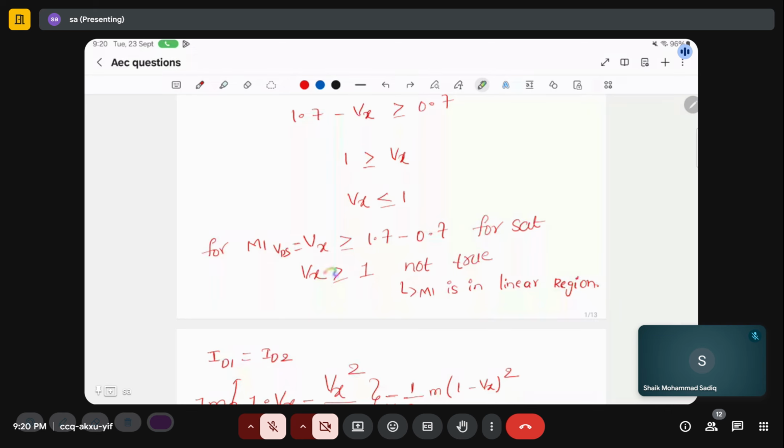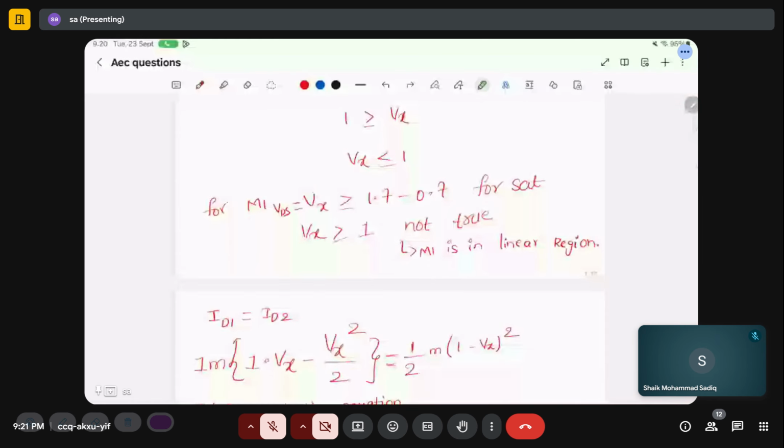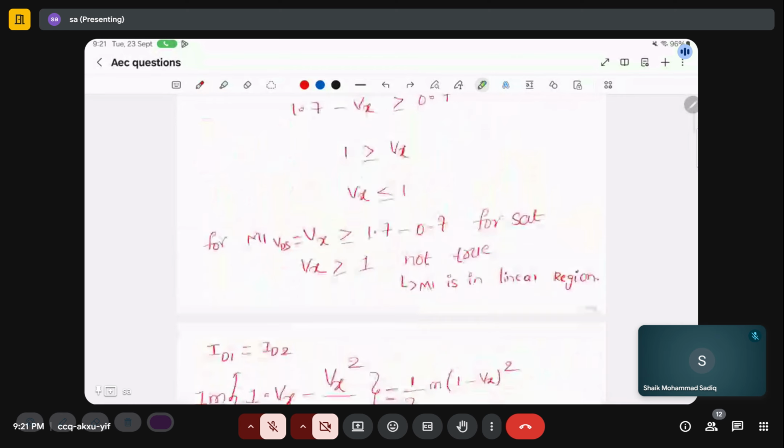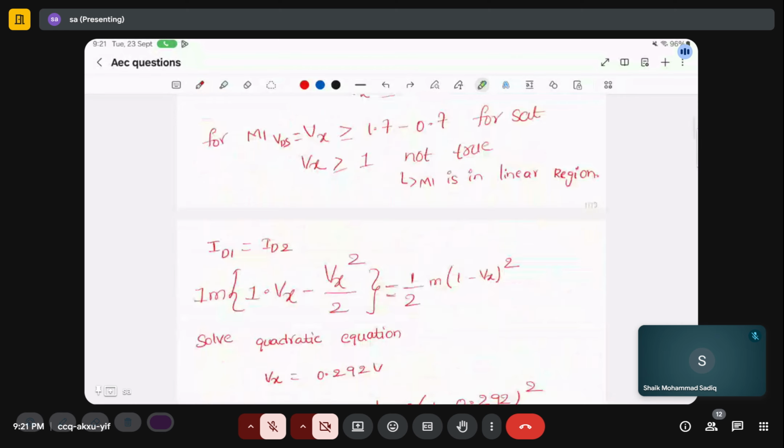This condition is not possible, because if you satisfy it, your M2 transistor will not be in the on condition itself. So from this we can conclude that transistor M1 is in the triode region, or linear region.